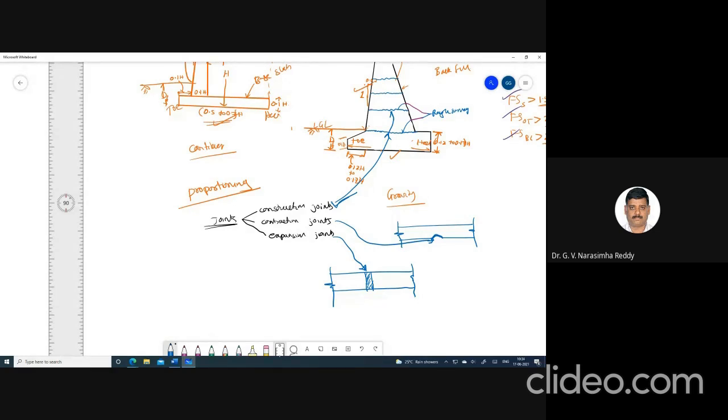This is called an expansion joint. It is very thin, maybe a centimeter or 2 centimeters. You provide it so that in summer temperatures, when there is expansion in these materials, they have room. If you don't provide it, the expansion will finally cause this material to get crushed. To avoid that, we provide expansion joints at regular intervals.